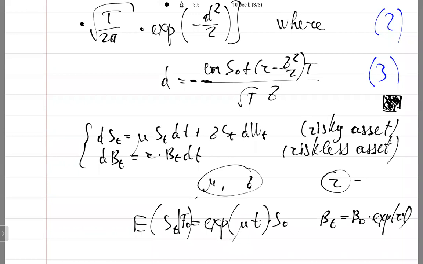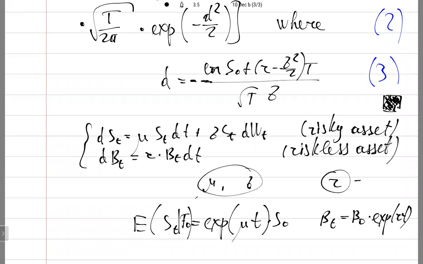And sigma is just the volatility. What does it mean? If sigma is high, then the price is volatile, the variance is high. Sigma is not variance, it's volatility. You may think of it intuitively as variance per small unit of time.